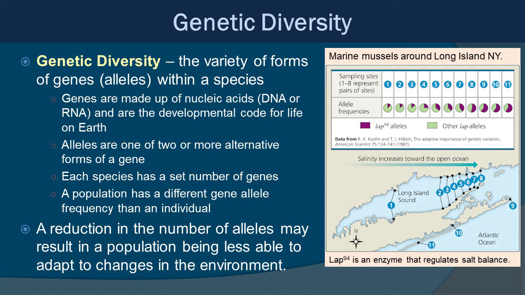Now, as we move out of the bay, the percentage of mussels that have that allele for that particular enzyme gets larger and larger. And of course, the highest allele frequencies happen in study sites 11, 10, and 9, which are in the open ocean. So that tracks. So essentially, this population of mussels within the Long Island region has different allele frequencies within individuals within the larger population.